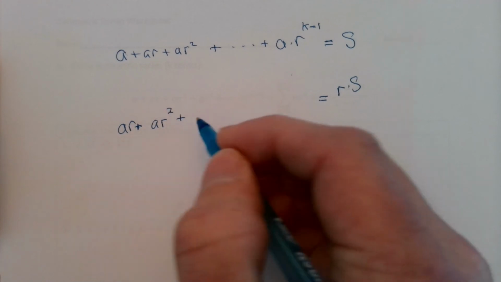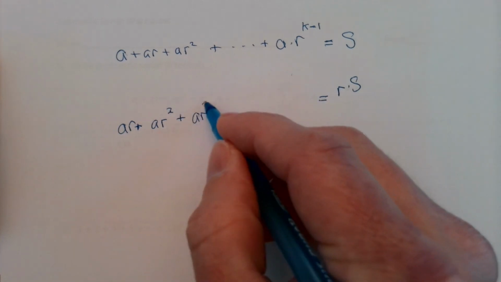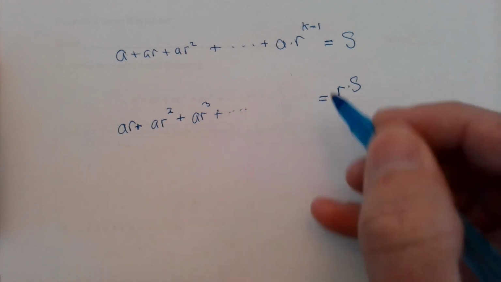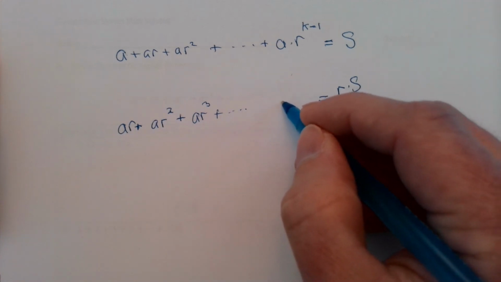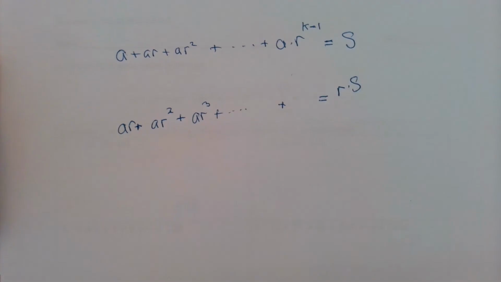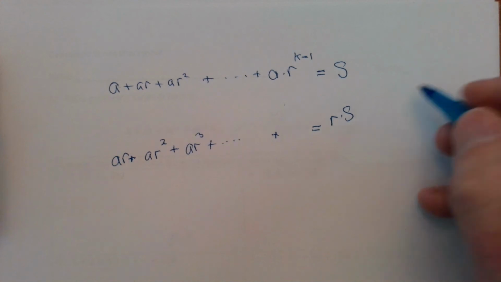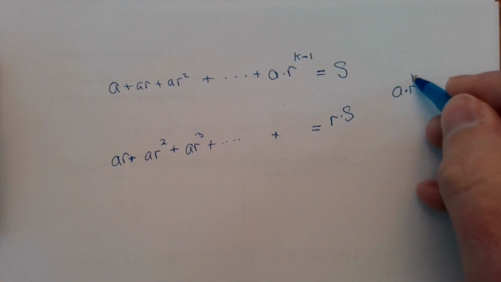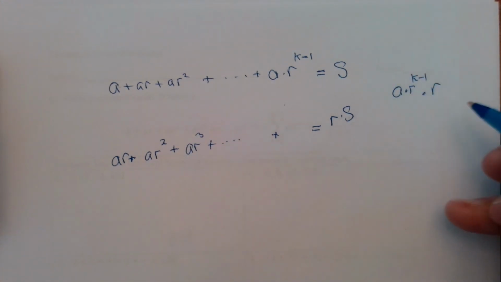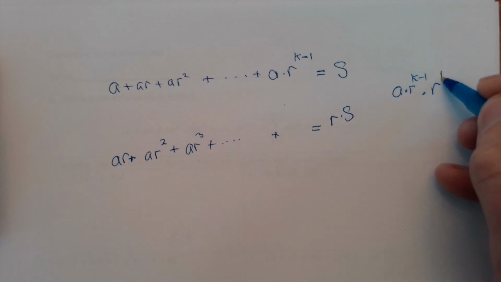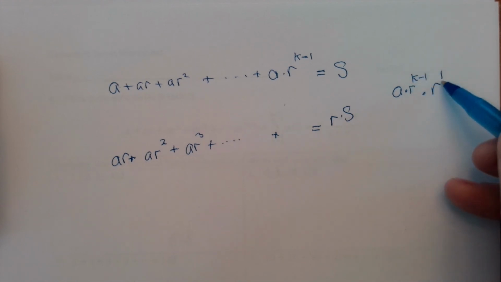In other words, all these powers of r go up by 1, including this one. So if you multiply this by r, I'll do this over on the side here, a times r to the k minus 1 times r is, put a 1 here, and add these exponents together. K minus 1 plus 1 is just k.